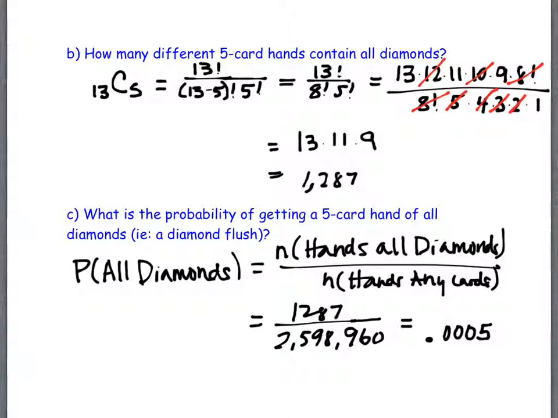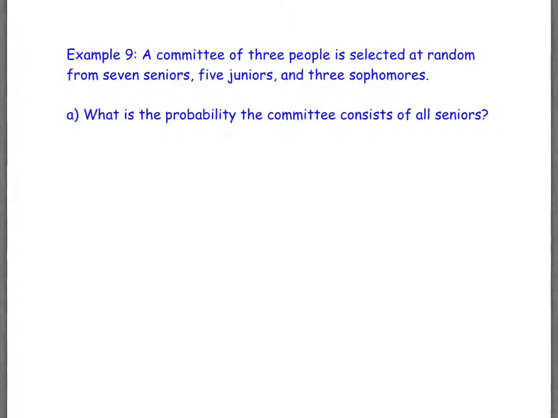Well, in order to find the probability, we have to backtrack and do parts A and B. We have to find that numerator, we have to find that denominator. So in other words, if we want the probability of all juniors, just like we wrote out on the last example, we want the number of ways of getting all juniors. All seniors. Oh, did it say seniors? I'm sorry.